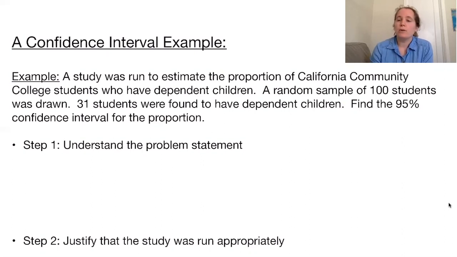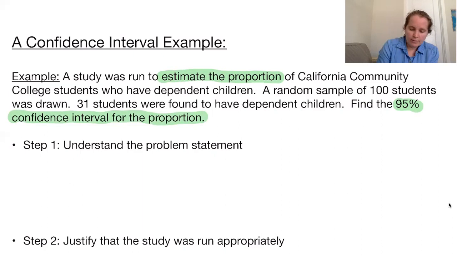And so it will be important to distinguish between them and then find the key pieces of information we need to actually find the interval or run our hypothesis test. So key here, we're trying to estimate the proportion. So even if we didn't have the fact that we were looking for a 95% confidence interval for proportion, we would know that that would be what we were doing.